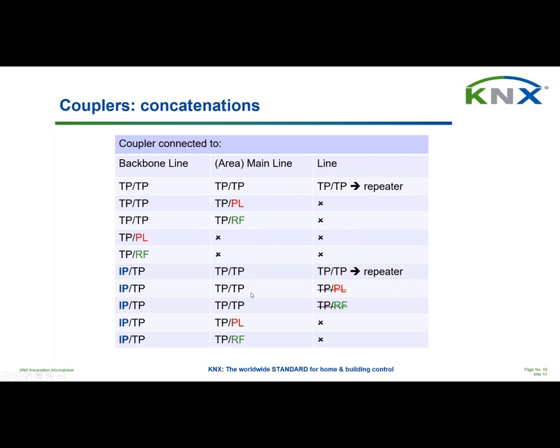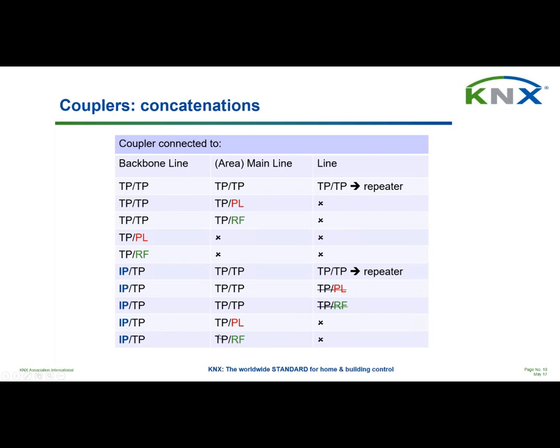You would expect now, if a twisted pair is used on the main line, that twisted pair power line still could be used, because indeed physically or electrically this would be correct. I mean, no problem there. However, ETS does not allow it, and it's the same for radio frequency, by the way.